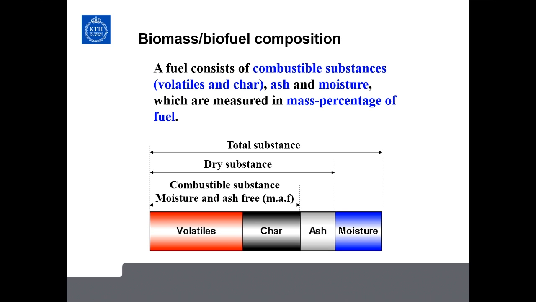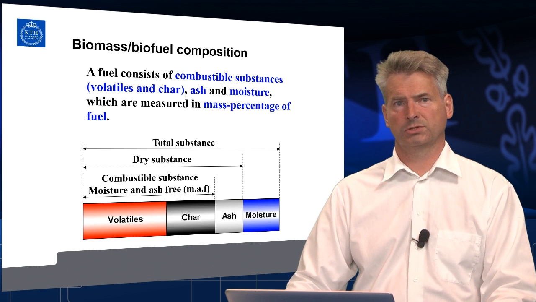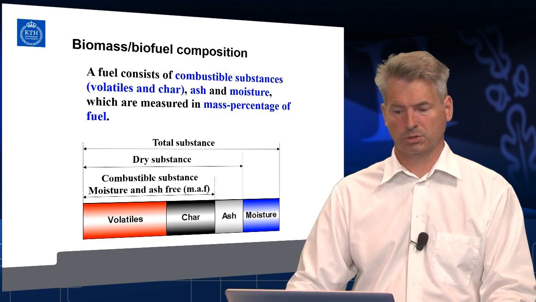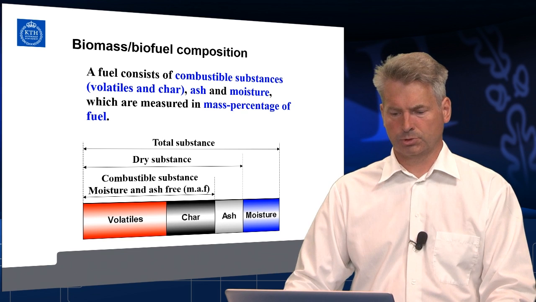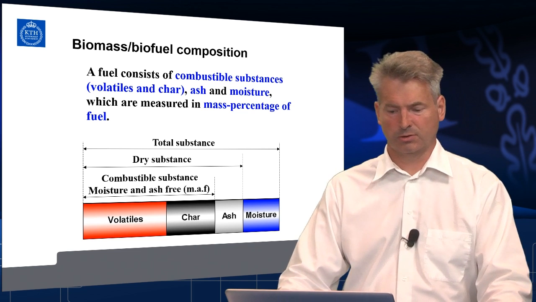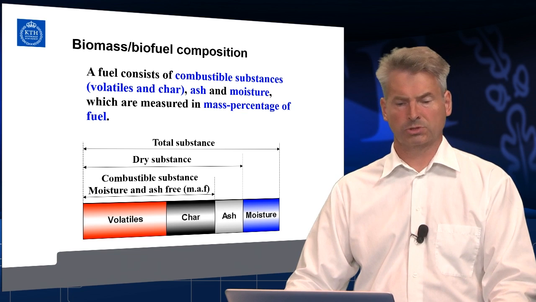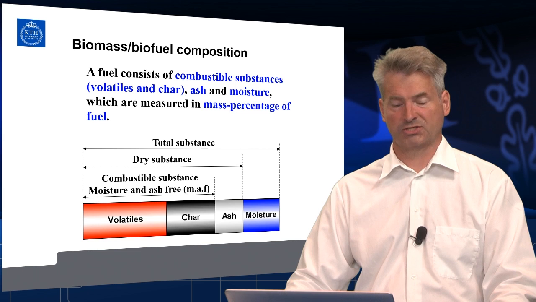The amount of these different compounds varies, of course, depending on which kind of biomass or biofuel you are studying. If you don't include moisture, you only have the dry substance, and the combustible substances are only the volatiles and the char. And it is also often defined as moisture and ash-free.